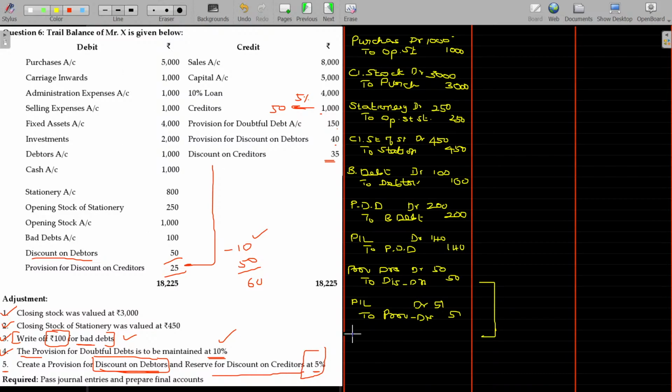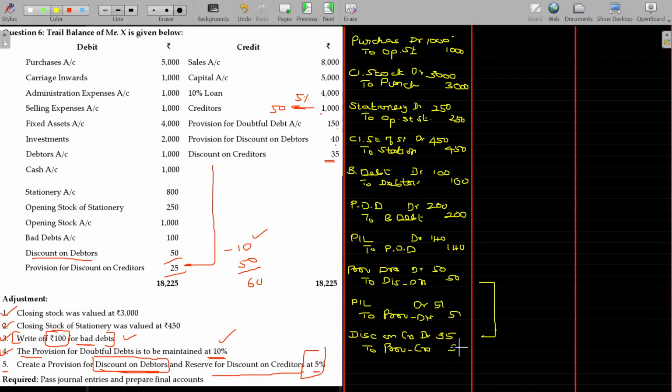Let me see here. Discount on creditors account debit to provision for discount on creditors. The amount to be adjusted here is 35 rupees.